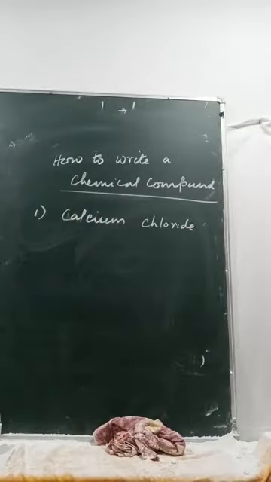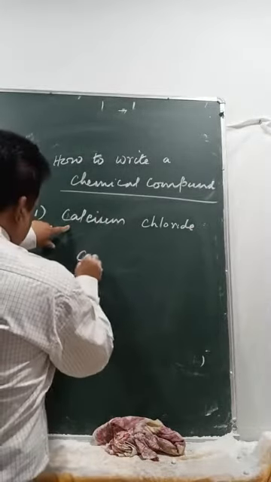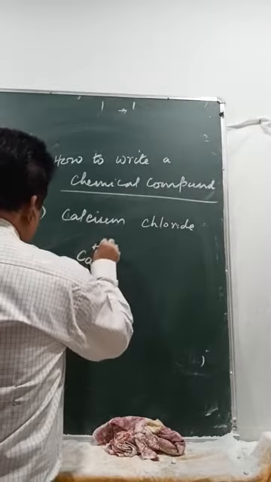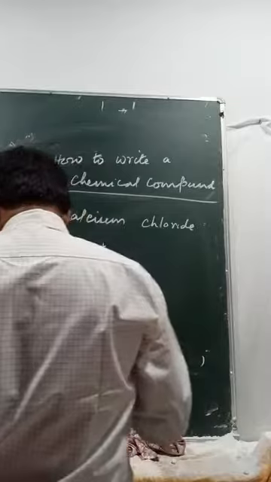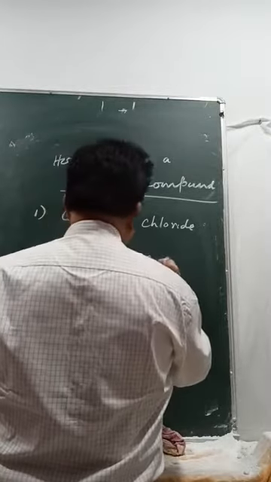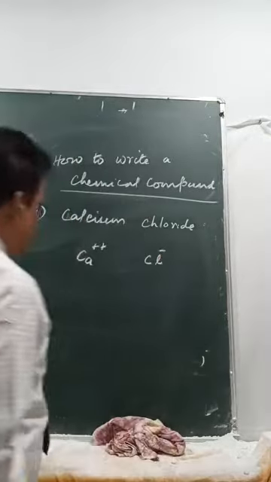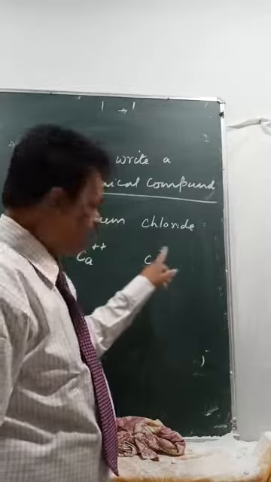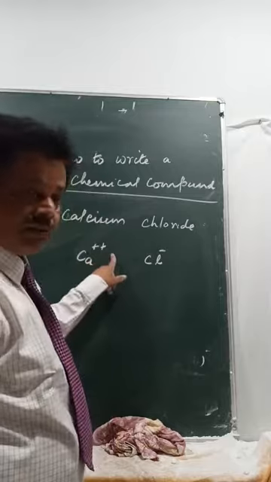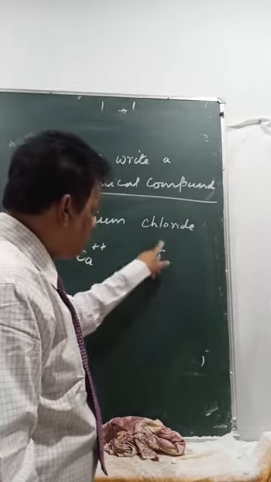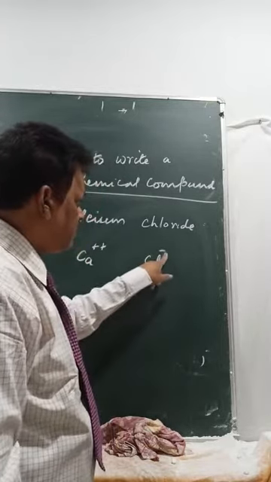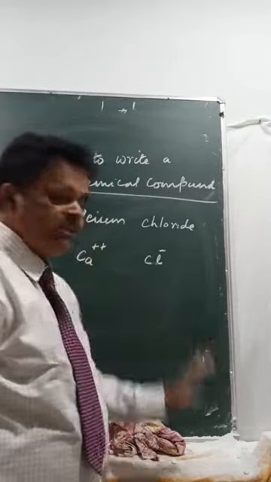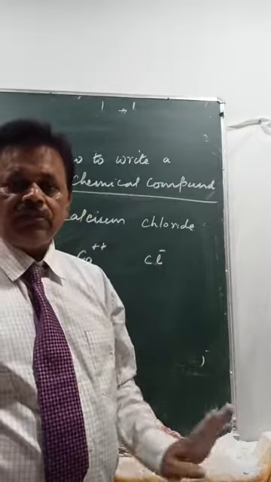First you should write what is the valency of calcium. Ca's valency is what? That is 2+. Chloride's is minus. It will donate 2 electrons, but chlorine can only accept 1 electron because its valence is 1. Calcium's valence is 2. But when they combine, it should be neutral, no positive charge, no negative charge.